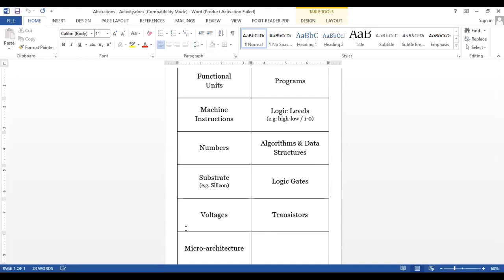All of these things are conceptual. Concepts, abstractions, which are hiding details underneath and providing some services to the things above, the higher abstractions.